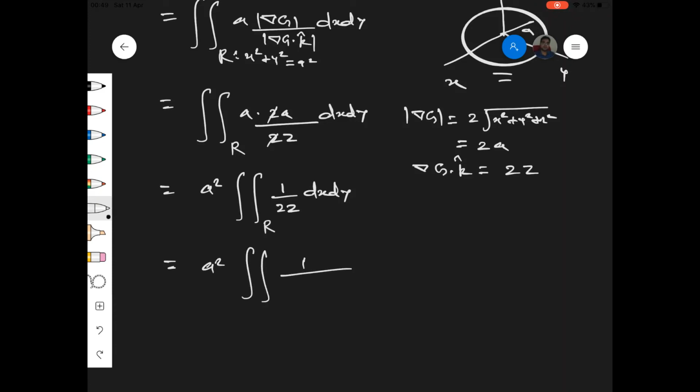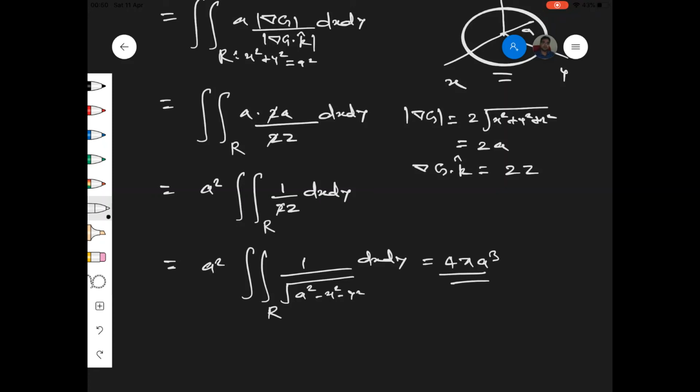The value of z is 1 upon under root a square minus x square minus y square dx dy. We can solve this integral simply by converting this integral into the polar coordinates, and this region is R, which is a circle. So once you solve it, its value will come out to be 4 pi a cube.